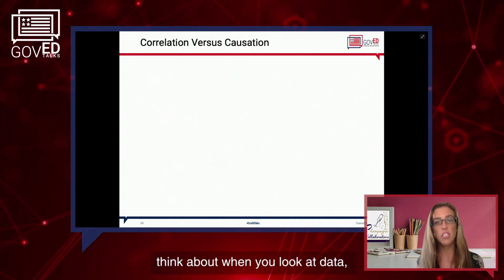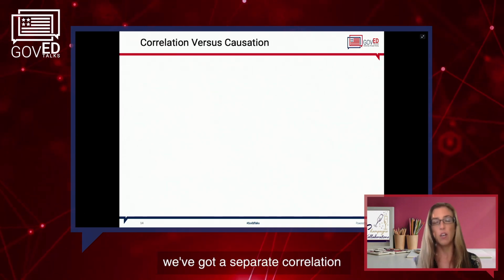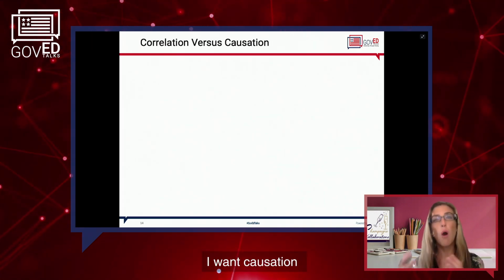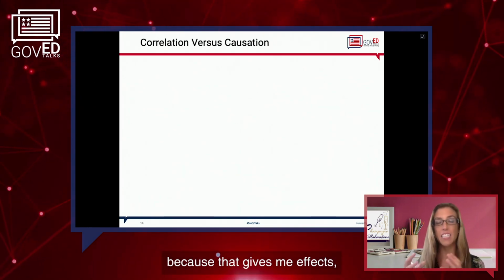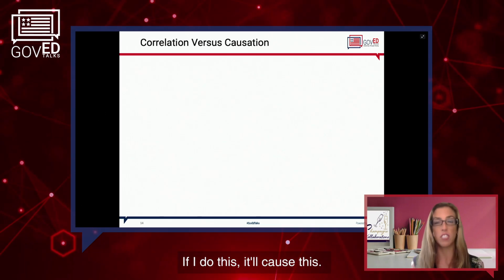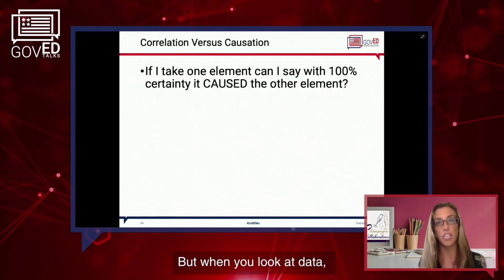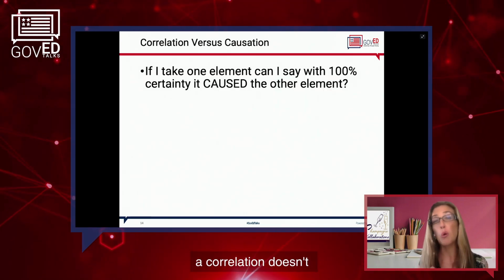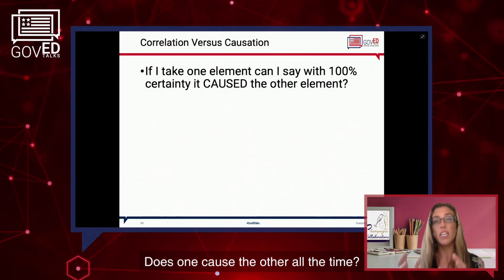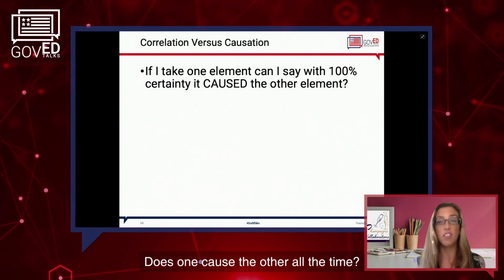I want you to then think about, when you look at data, we've got to separate correlation from causation. I want causation because that gives me effects, gives me insights. If I do this, it'll cause this. But when you look at data, just because there's a correlation doesn't mean it's a causation. Does one cause the other all the time?